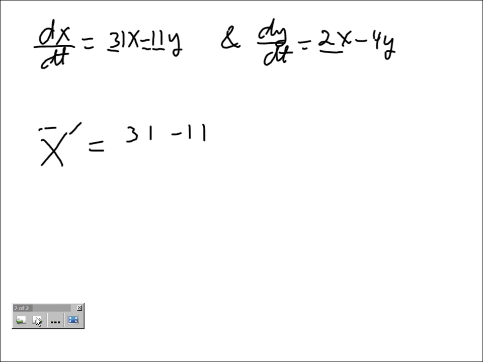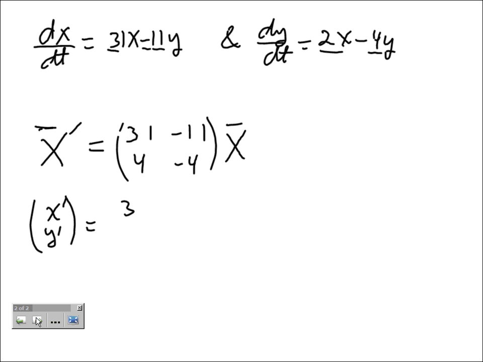The second row, x's and then y's: the 2, the negative 4. And this gets multiplied by x bar. This is exactly right, because the left side, x bar prime, is just x prime, y prime, and the second row, like I clearly said, is 2, negative 4. So let me put a 2 there.